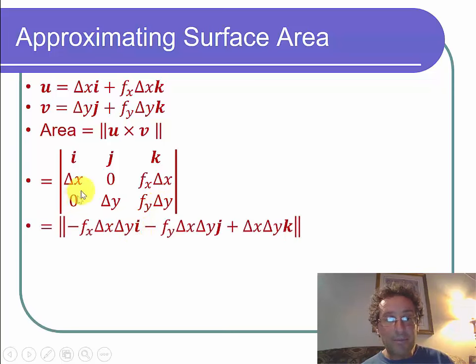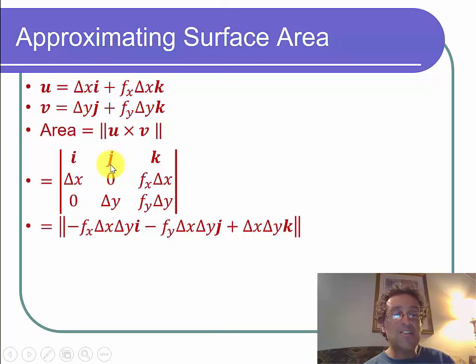To do that, we cancel the top row and the left column, and we get 0 times f sub y delta y minus f sub x delta y, which is just negative f sub x delta y, and that's the ith component, so times i. For the jth component, I cancel out the first row and the middle column, and I get delta x times f sub y delta y minus 0.